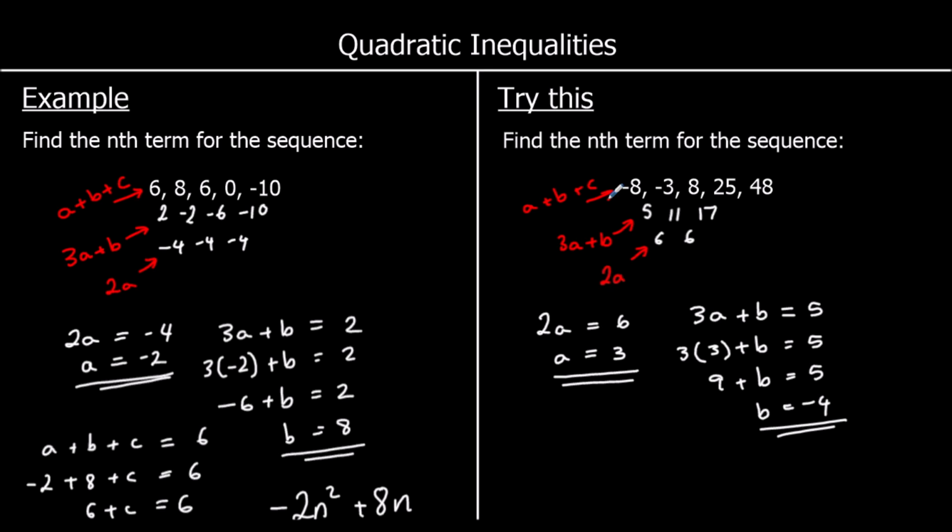And a plus b plus c is equal to the first term, which is negative 8. And we've got 3 plus minus 4, I'll just write as minus 4 plus c equals negative 8. 3 minus 4 is negative 1. So negative 1 plus c equals negative 8.